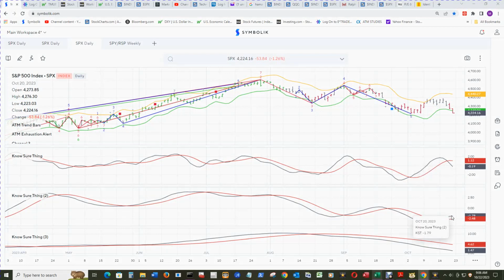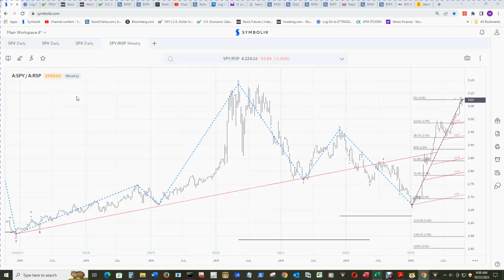The intermediate term is still pointed up but below 0. And the long-term KST has been on a downwards trajectory for quite a while and has no indication of turning around and heading up. It at least is above 0, at positive 1.47.